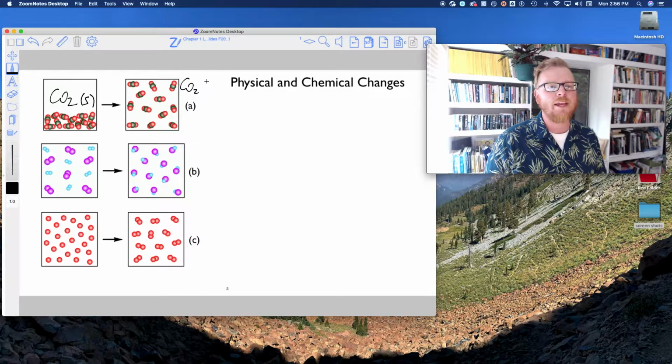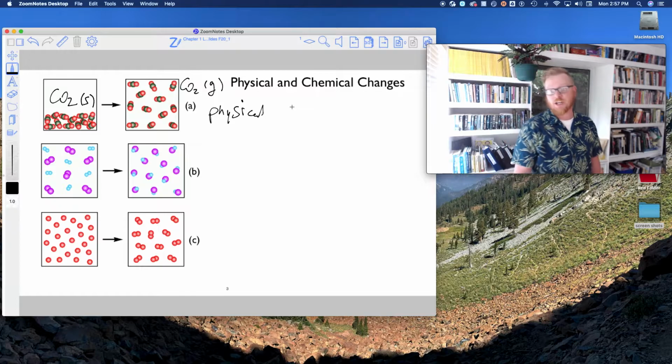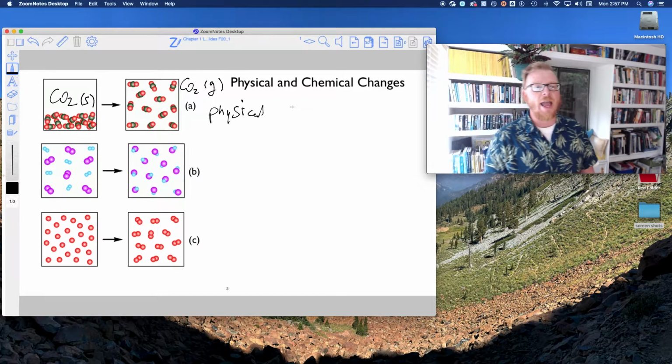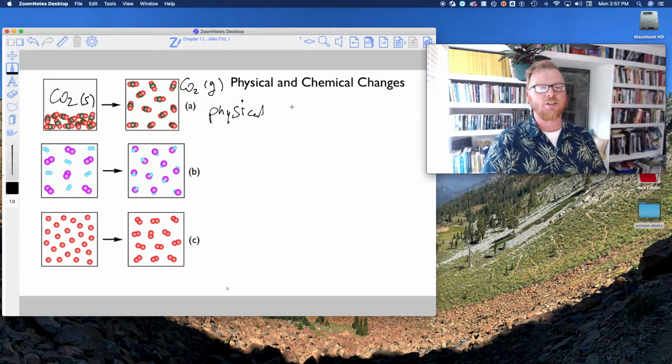That would be indicative of a gas, which I'll put as a little G in parentheses there. You notice the chemical composition of these did not change, so it can't be a chemical change. This has to be a physical change, and it's a physical change of state going from the solid phase to the gas phase. And we'll talk about all of those changes of state soon.